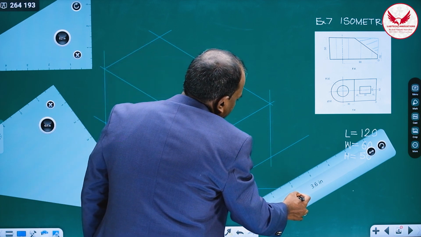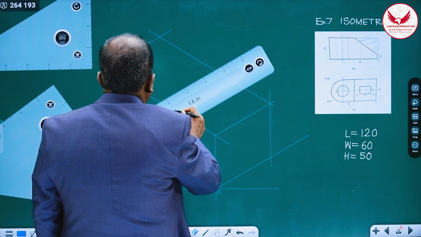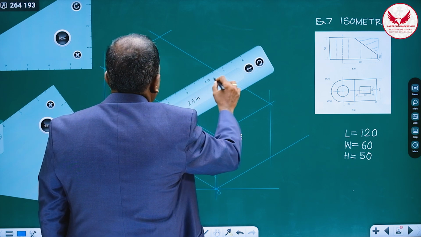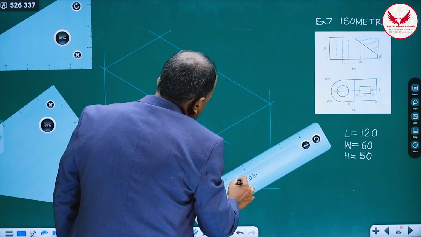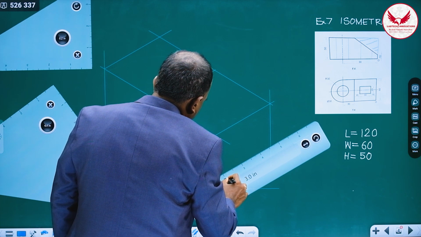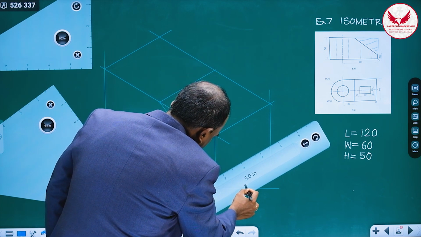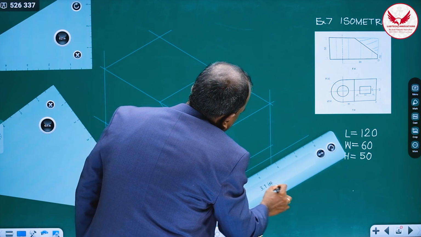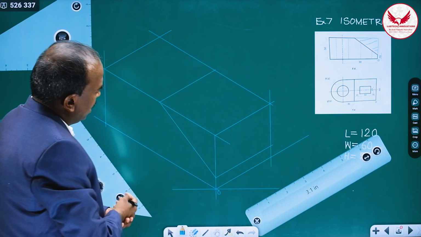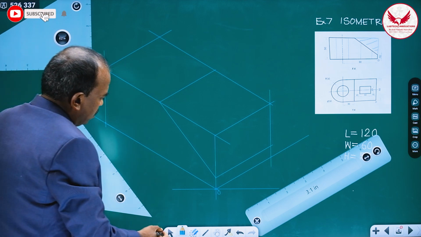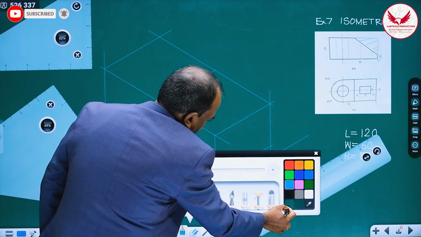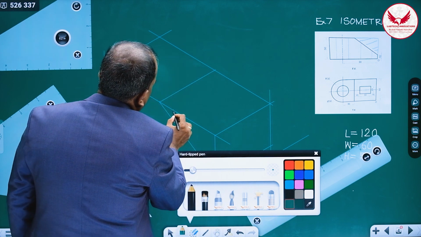Then how can we take that triangular cut? We can mark throughout this a line parallel to width, and from this also a line parallel to width, like this. Once we mark these lines parallel to width, we are supposed to cut this portion.